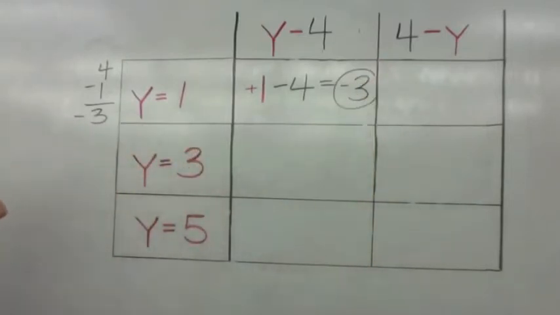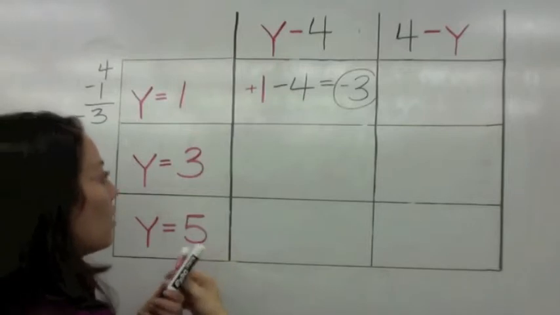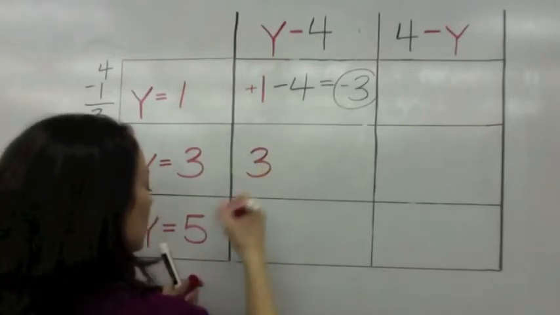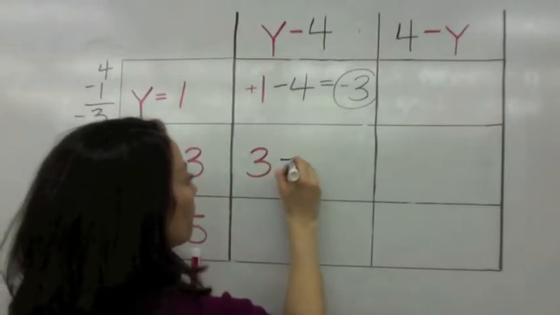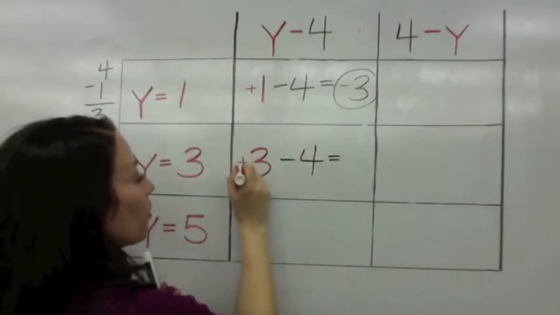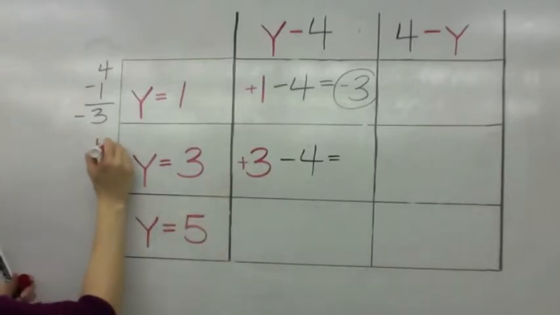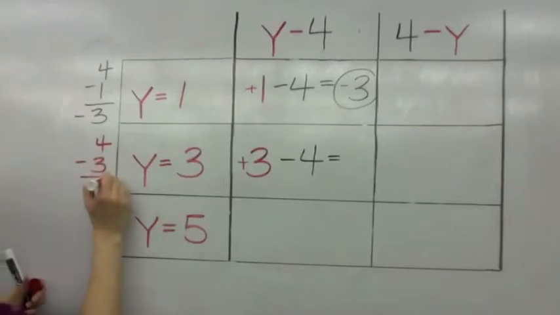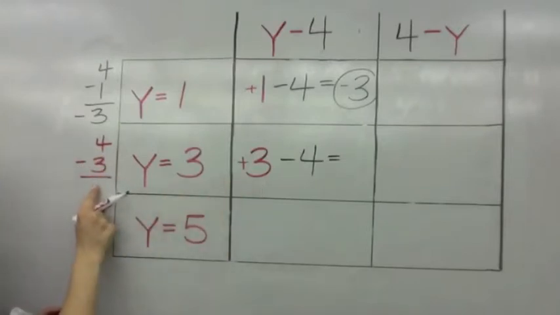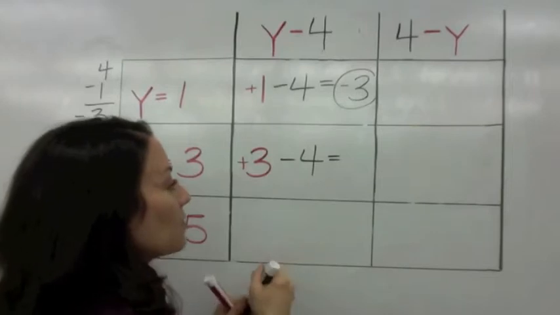Next, let's plug in a 3. If y equals 3, we substitute it in the place of y. So we'll say 3 take away 4. That's a positive 3 and a negative 4. You have different signs, so you're going to subtract: 4 minus 3. And what's the answer? It's negative 1, because the bigger number is 4 and it has a negative sign next to it.